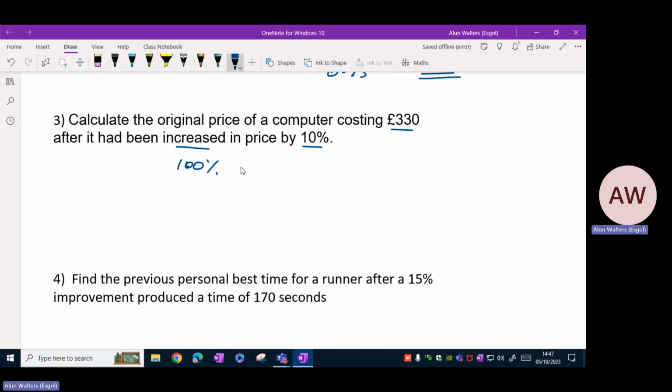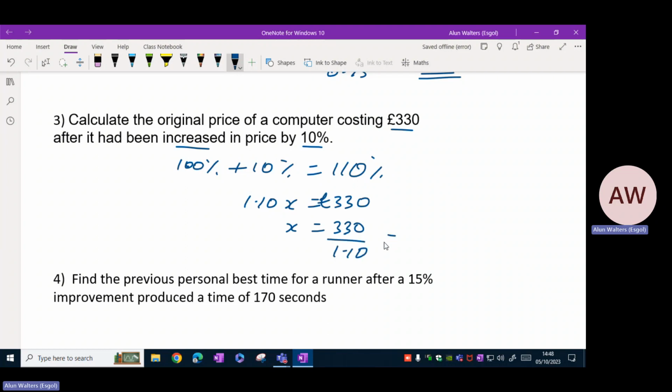The numbers aren't too bad in this question anyway. 100% plus 10% is 110%. So the multiplier is 1.10 times the original value is 330. So when I rearrange it, I say it's 330 shared by 1.10, and I end up with £300.